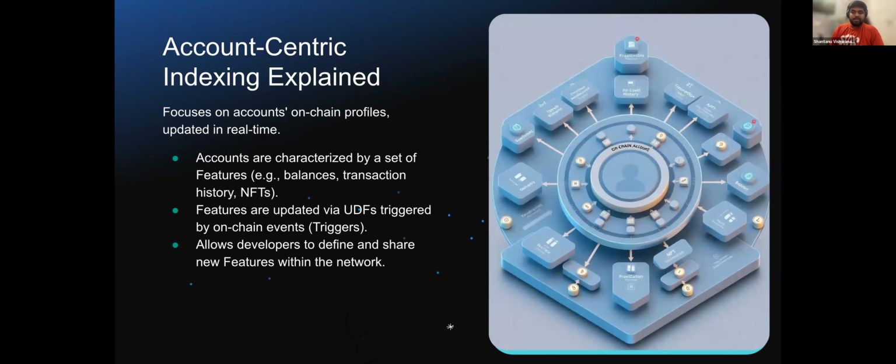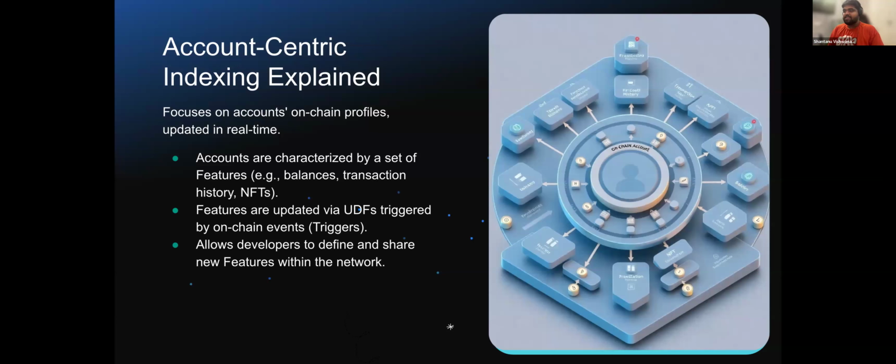There are features that you can update using UDFs. For example, if I am a user and I want to know the different mints that happened for a particular ERC-721 token, I can write my own custom UDF, run it across the indexer that I have, and all of this data can be easily extracted.